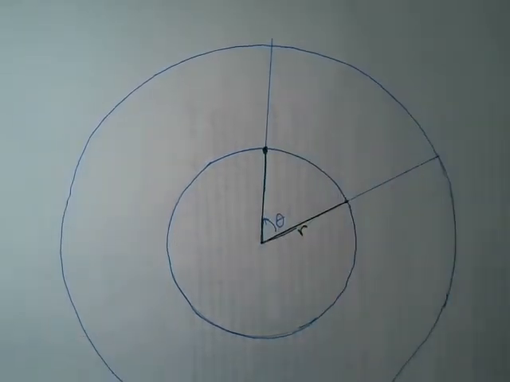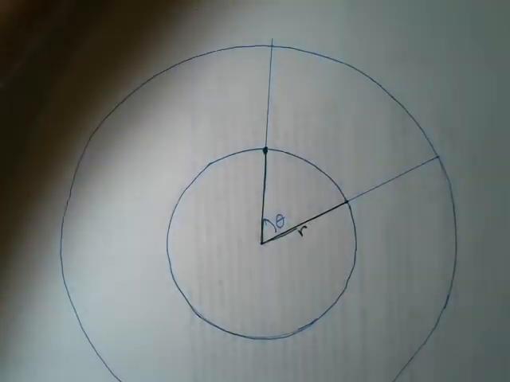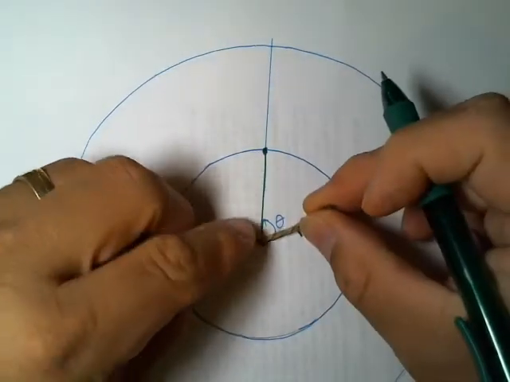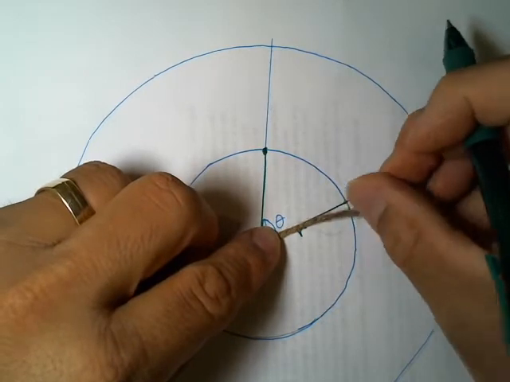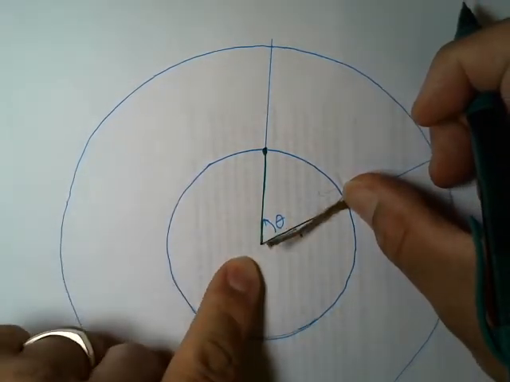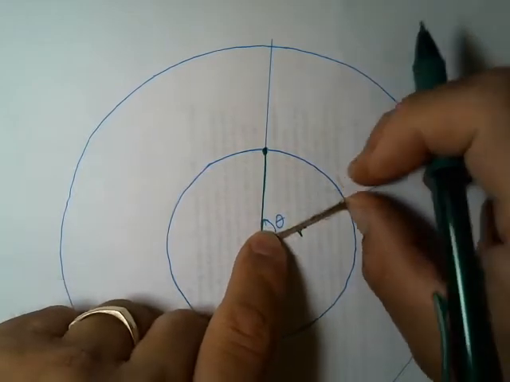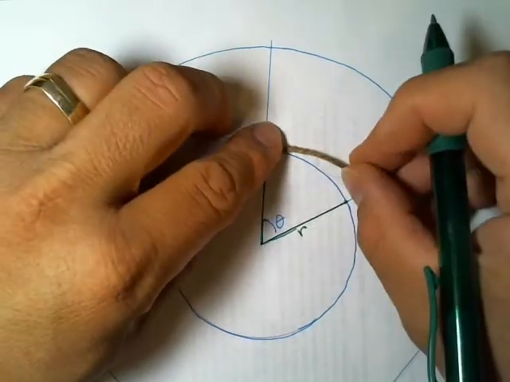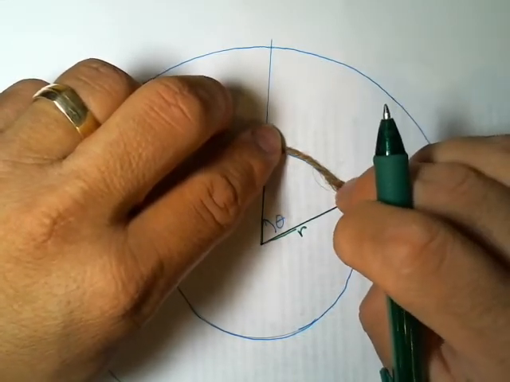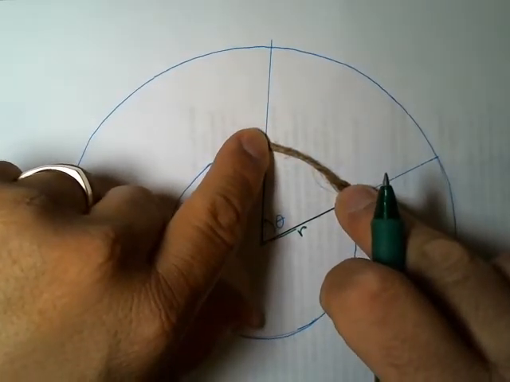If you think of this piece of string, twine, it is the length of the radius, and I constructed it in such a way that it's also the arc length here.